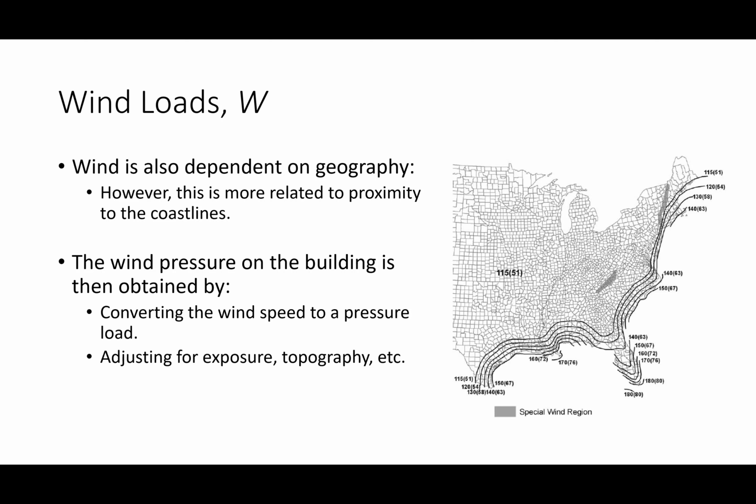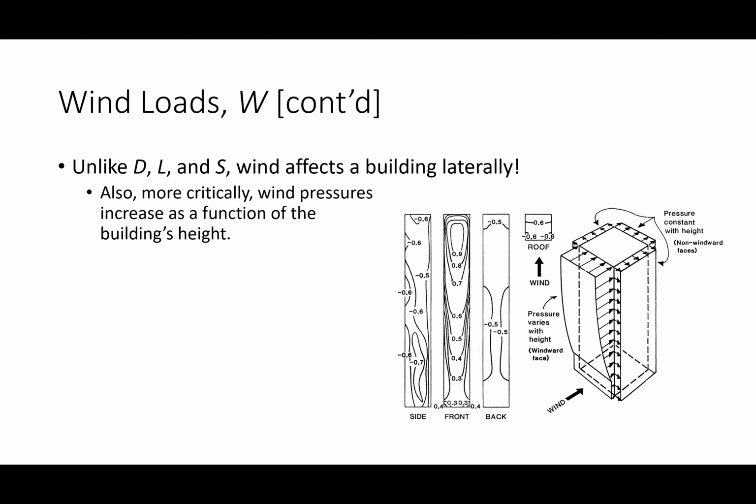Typically what you do with wind loads is sort of similar: you're getting the wind speed in the geographical region where you're at, and then you need to convert that to the wind pressures that the building experiences for the purposes of design. I'll give you an example. Is there anybody here that's ever been on top of the Empire State Building?